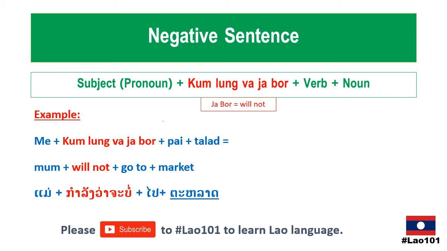Let's look at another example of the negative present continuous. So in the last example I put the word กำลังว่าจะบ่, so it's about not to. That's why I said when I think about Lao language, we actually don't really say the negative in form of present continuous.